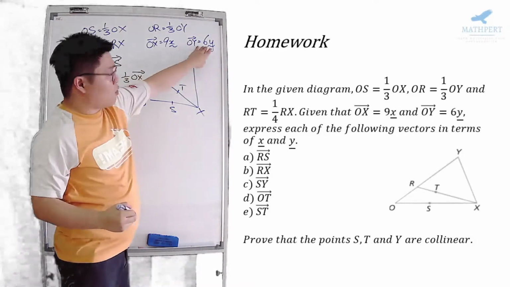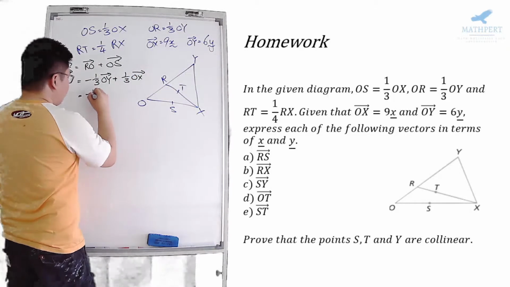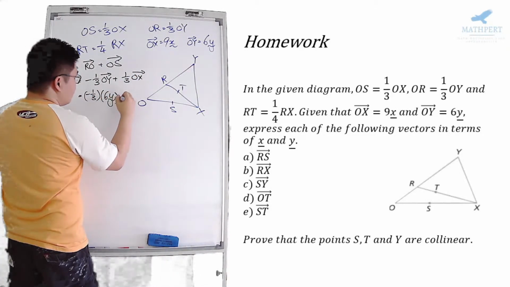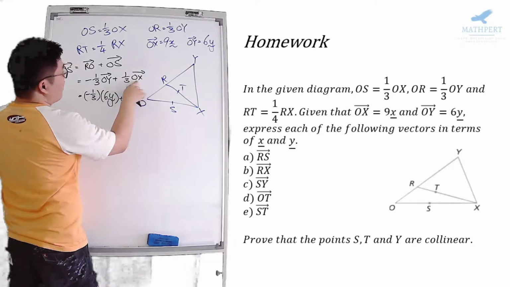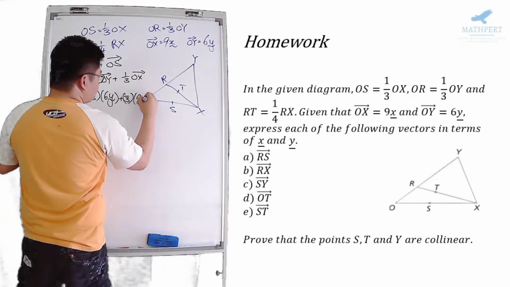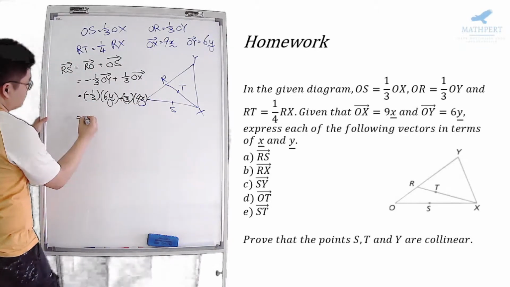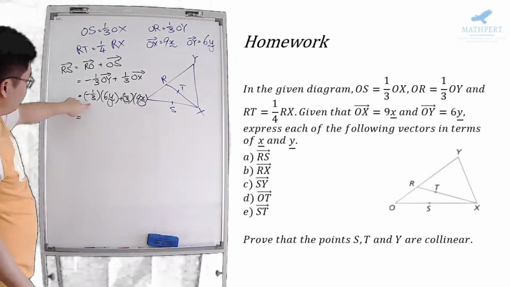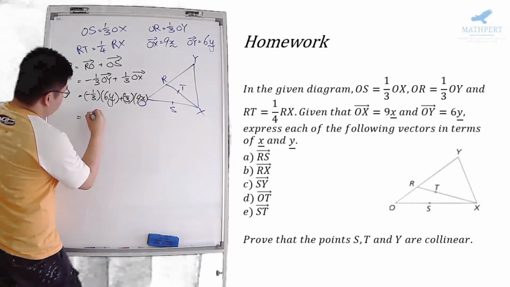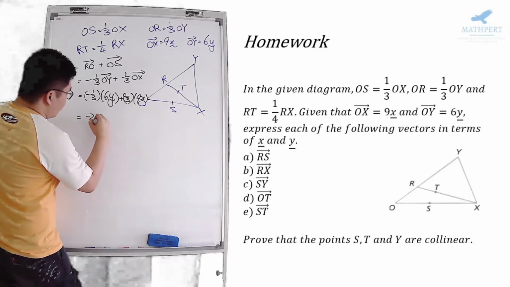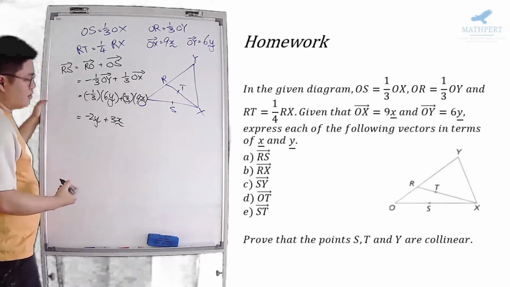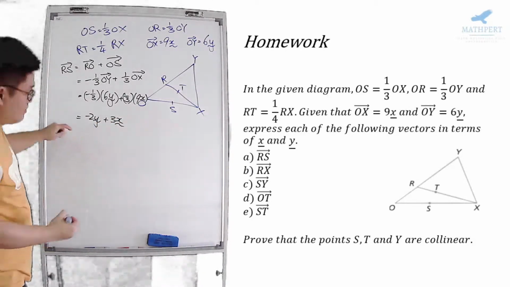OY will be 6y, so negative 1/3 of 6y plus 1/3 of 9x. This will be negative 2y plus 3x. Okay, this is our answer.